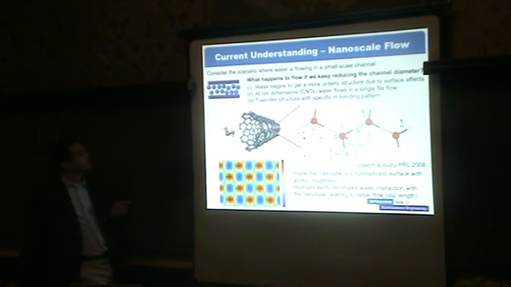And the idea is basically, as you make it smaller and smaller, water begins to get a more orderly structure due to surface area, so it's almost like a crystal. And at nanometer dimensions, for instance, carbon nanotubes, water typically flows in a single file flow. So it's one by one, kind of like a train-like structure with a specific hydrogen bonding pattern. So it's interesting because if you think about a carbon nanotube, you have basically a hydrophobic surface.